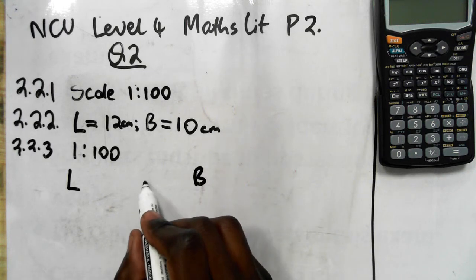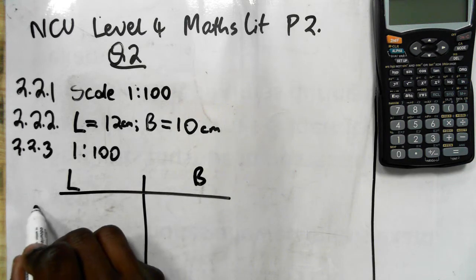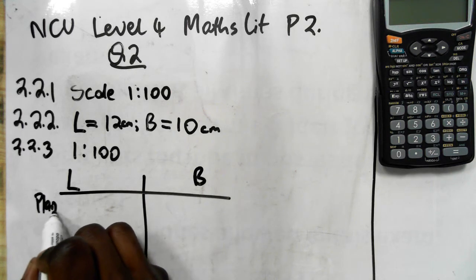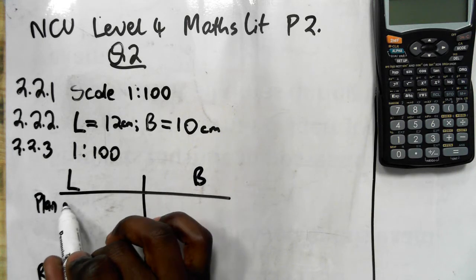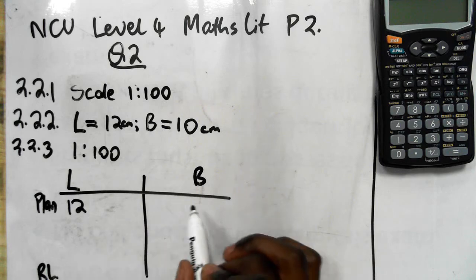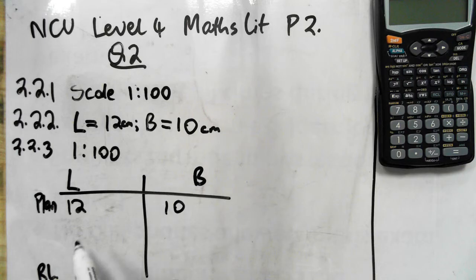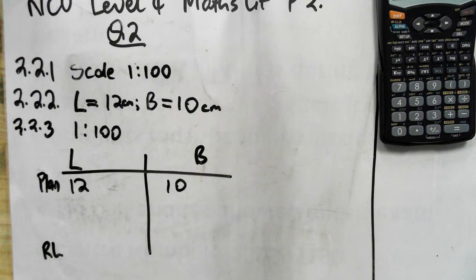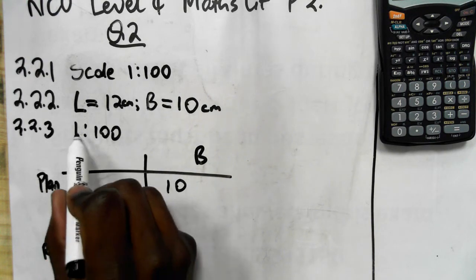We're going to do it in a tabular manner. So on the plan, and then this is real life or actual distance. So you found it to be what? You found your length to be 12 centimeters, and then you found your breadth to be 10 centimeters. I'm going to do one side first. So we have seen, ladies and gentlemen, that 12 represents 1.